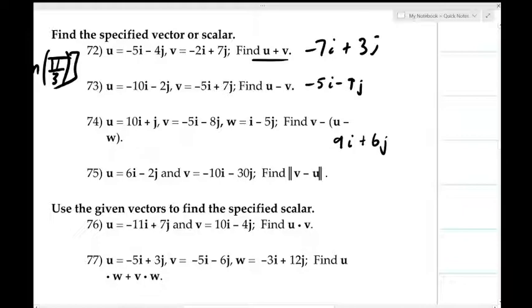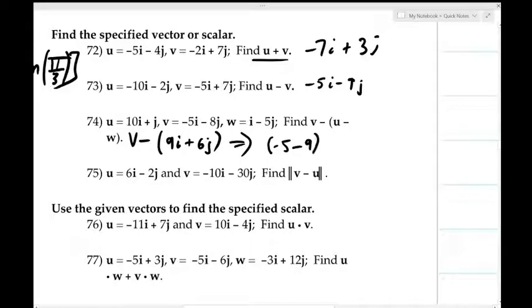Okay, so all of that, we're going to do v minus this. Okay, so what do we have? We're going to have negative 5 minus 9 i plus negative 8 minus 6 j.